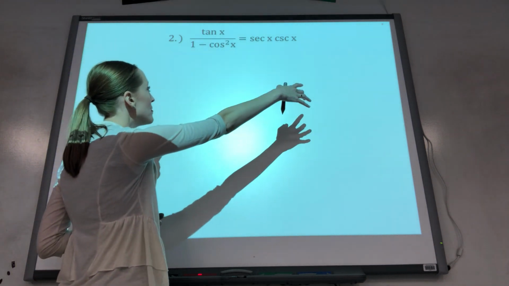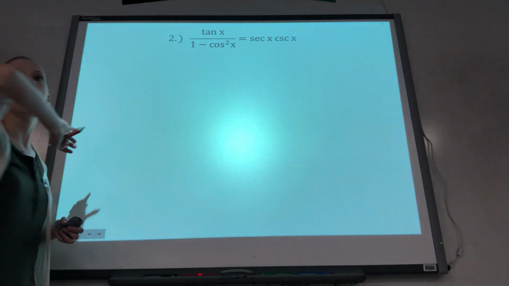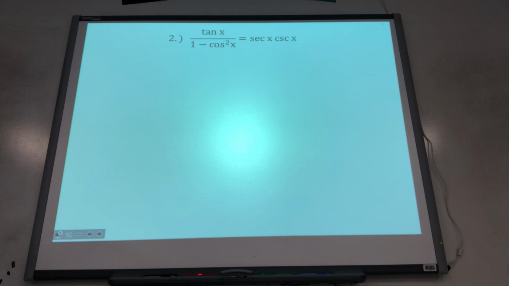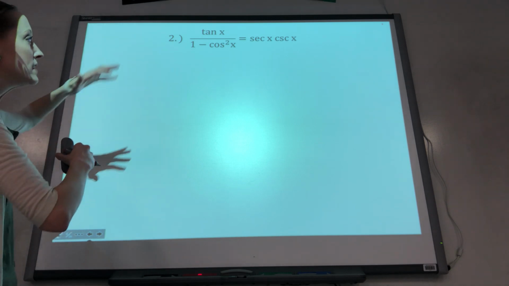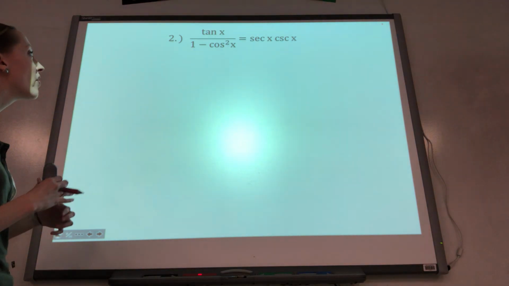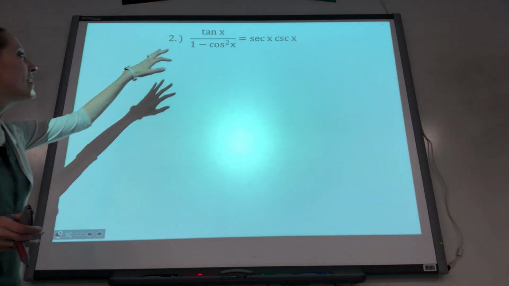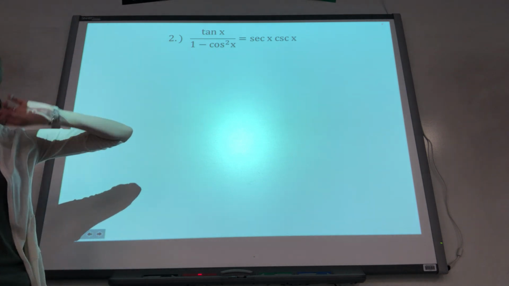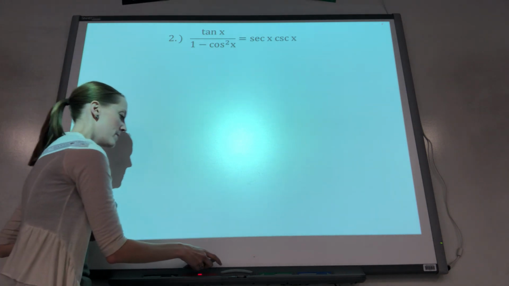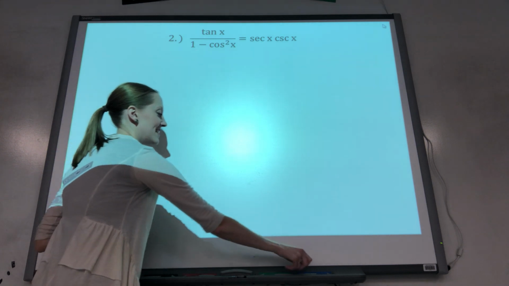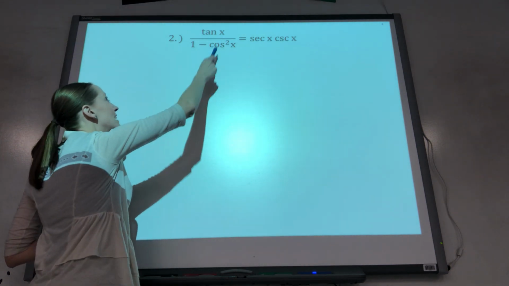We always kept the right side and worked on the left. It is slightly annoying, but you need to carry both sides down in each step. So keep the right, work on the left. Now, is there anything on the left side that sticks out to you? Anything over here?